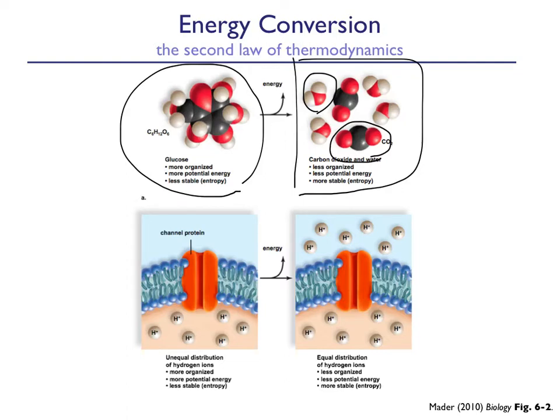It has less potential energy. There's not as much energy stored in carbon dioxide and water as there is in glucose, but it's much more stable. It's been broken down to its component parts, and it's much more stable. It has a high amount of entropy. Okay? It's more stable, but there's also a loss of usable energy because there's less energy stored in carbon dioxide and water. So the amount of entropy has increased in this process.